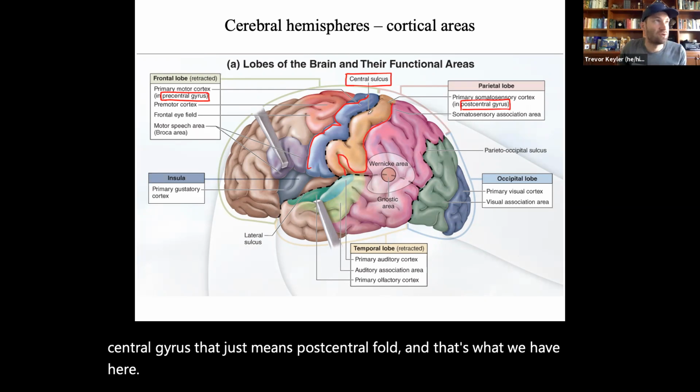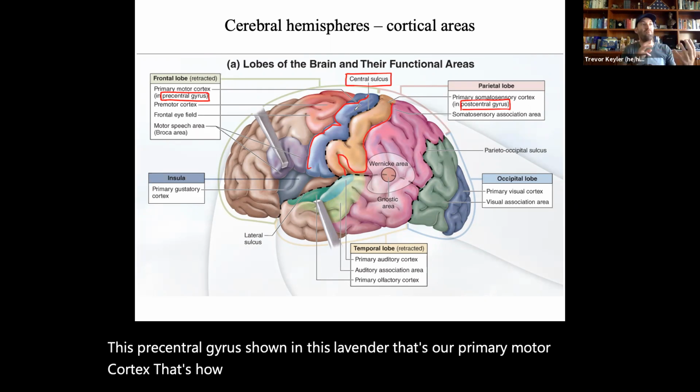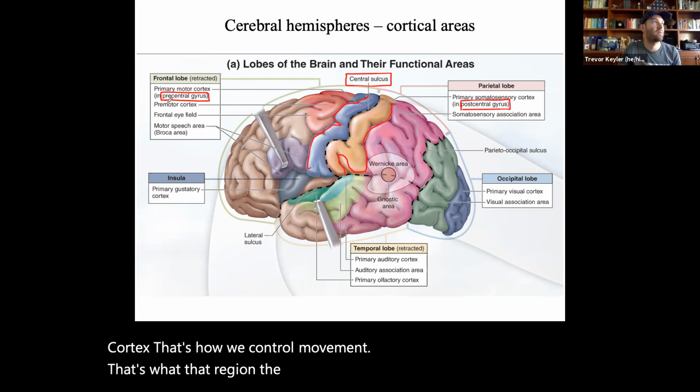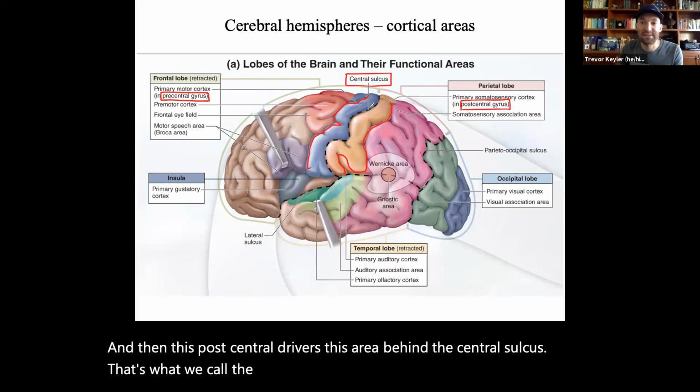This precentral gyrus, shown in this lavender, that's our primary motor cortex. That's how we control movement. Okay? That's what that region of the brain is associated with. And then this post-central gyrus, this area behind this central sulcus, that's what we call the primary somatosensory cortex.